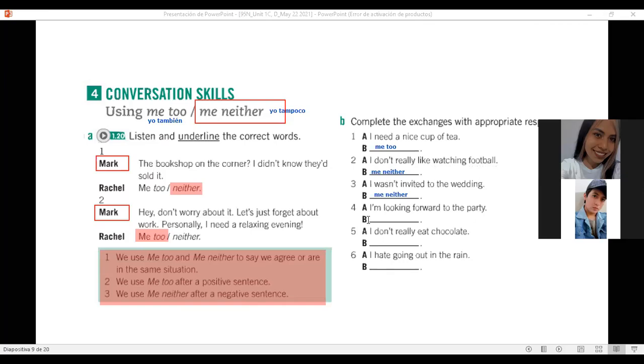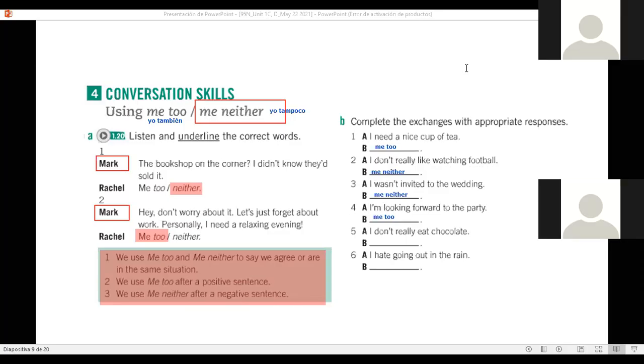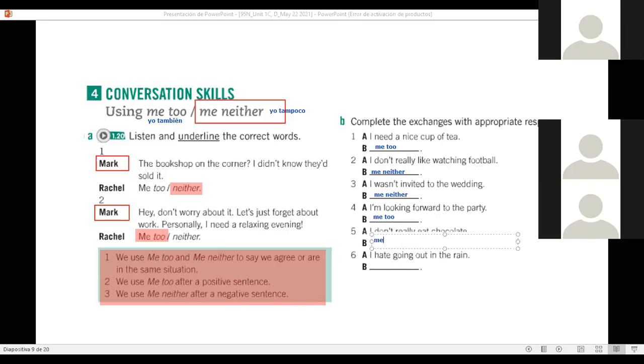Tania. Me too. Me too, perfect. A la fiesta, ¿no es cierto? Me too. Number five, I don't really eat chocolate. Annabelle. Me neither, perfect.